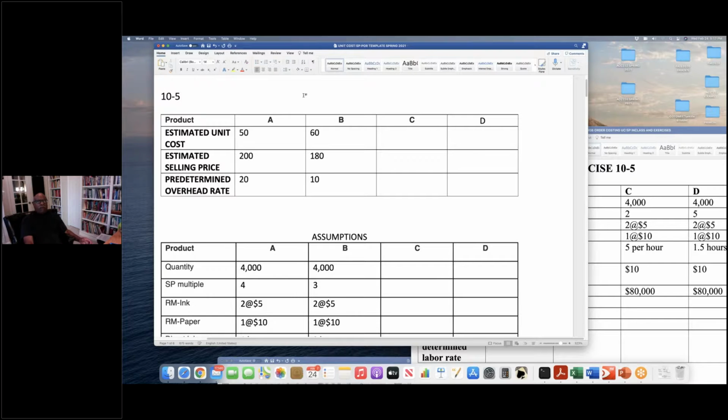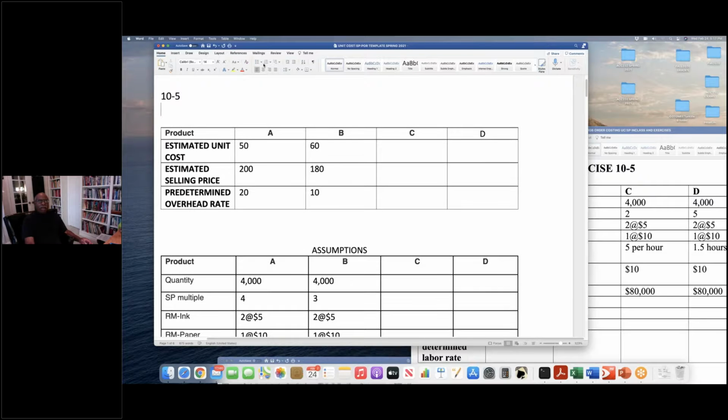So why don't we call this the answer chart? Does that help some? Yes, that does. So this is the answer chart and it reflects the answers we're trying to get.